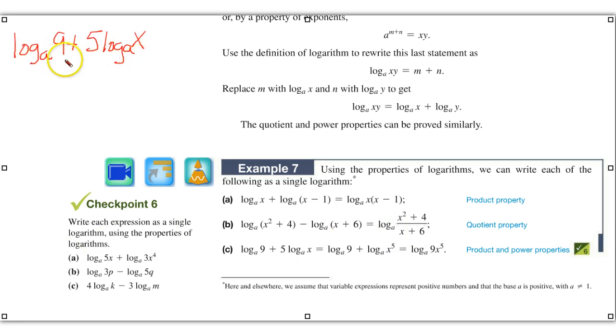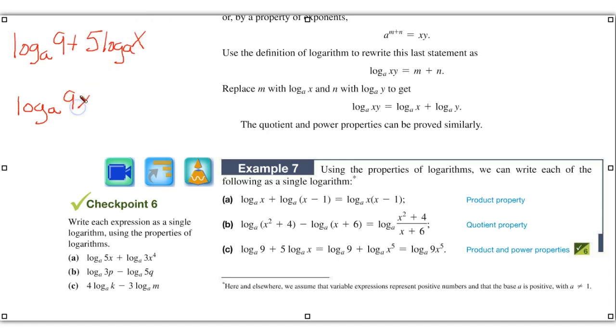Now in letter C, again, this is expanded form. We're going to put log base A of 9. Now it's plus 5, and in that previous slide, where the 5 was out in front of the log, that's going to go to its exponent there.